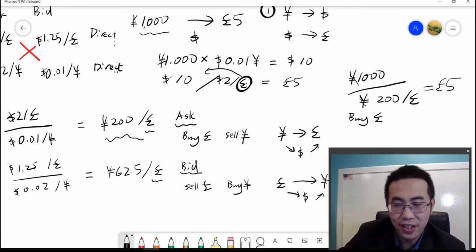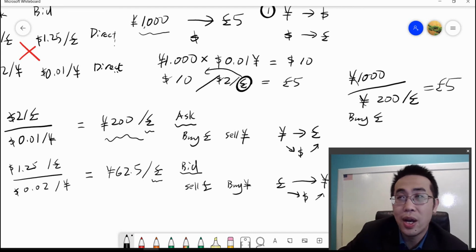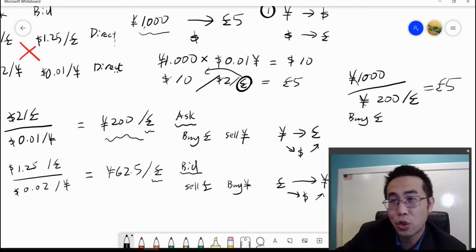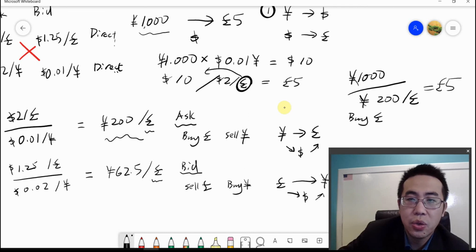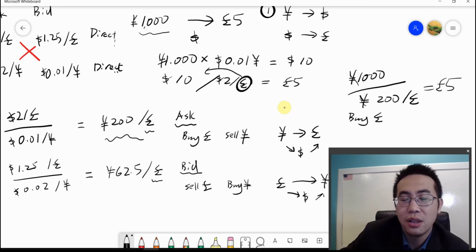So this is about buying the foreign currency, and then you divide the ask price. It is already very difficult and complicated to say we have a direct or indirect quote with a dollar and the foreign exchange involved. Now you have two foreign exchanges. So I do not recommend you to memorize whether we divide or multiply. You just simply play by the math. So between 200 and 62.5, you should know that if you divide by 200, you would get fewer pounds.